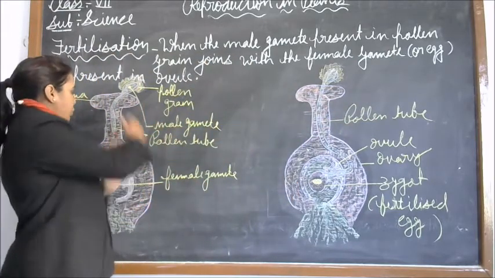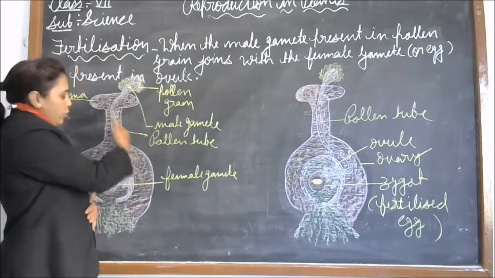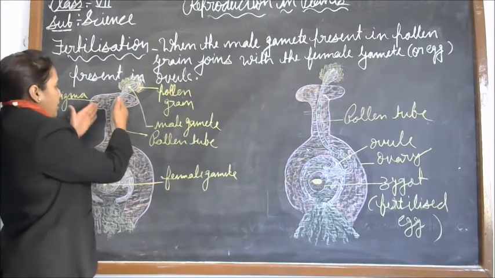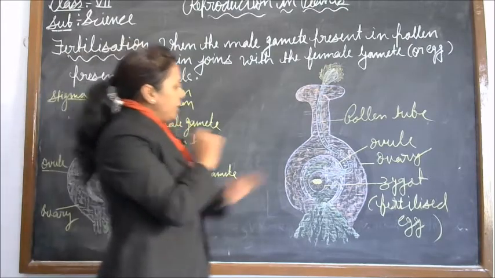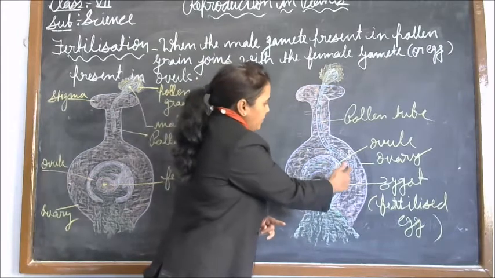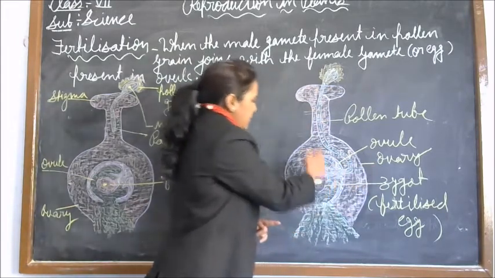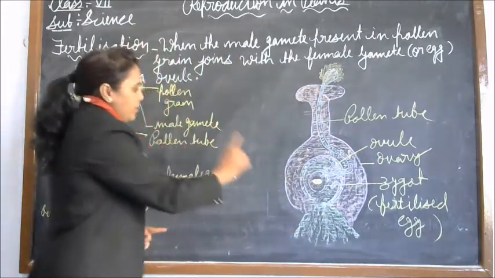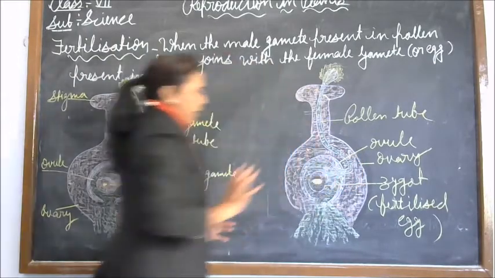This pollen tube grows downward through the style, toward the female gamete that is present in the ovule, which is present in the ovary.